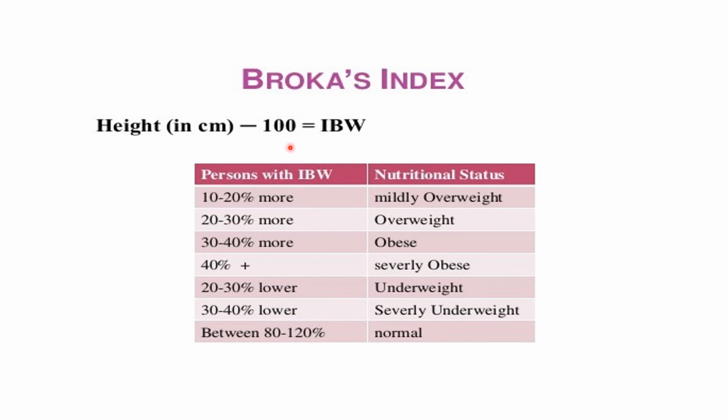150 minus 100, what value will come? That is 50. So that person should be 50 kgs. If it is 50 kgs, then we can say that he is in the normal condition.